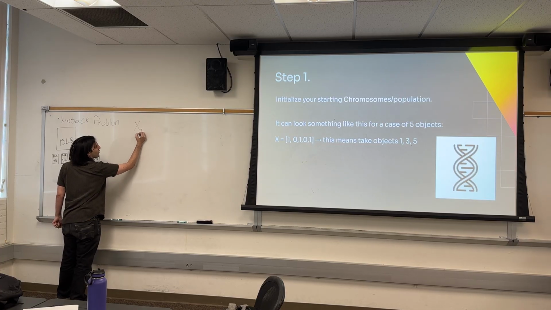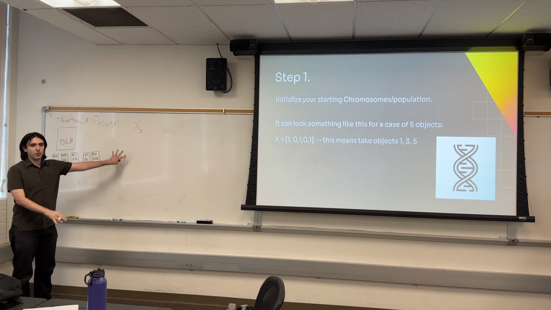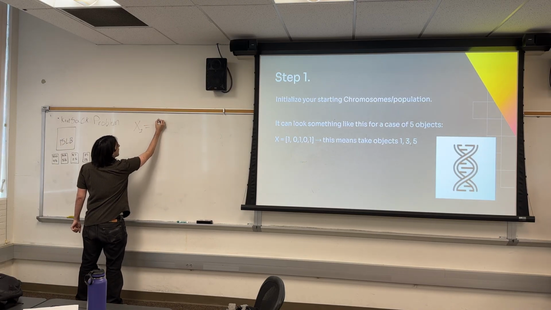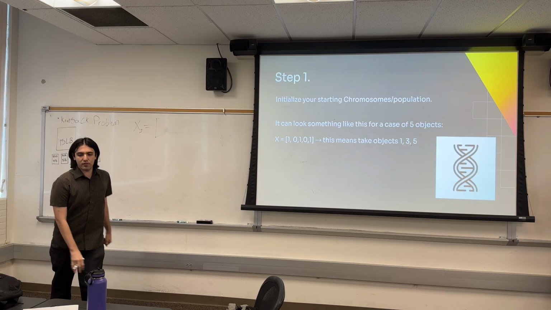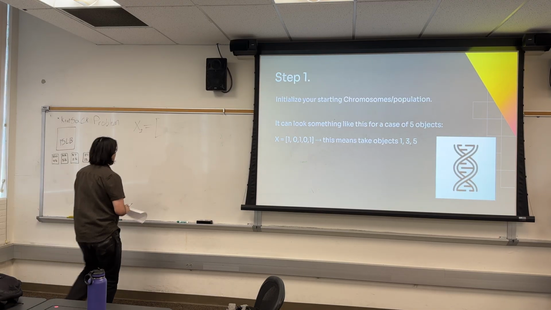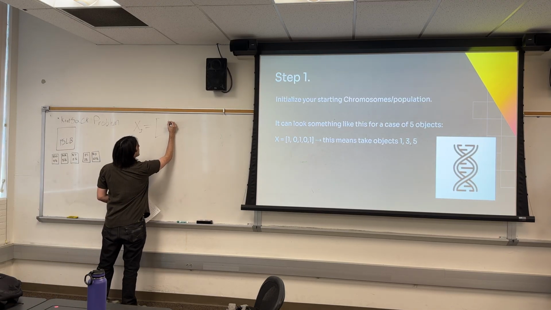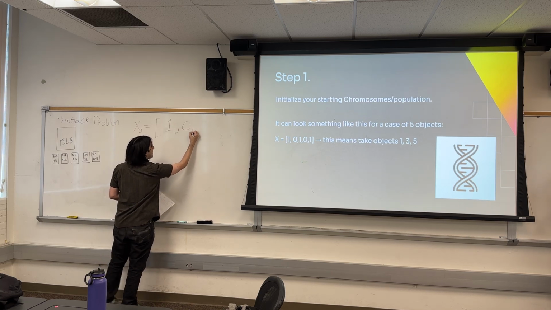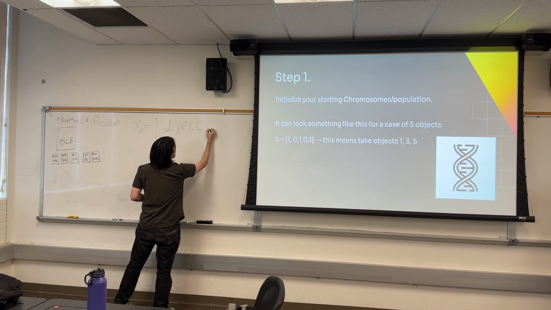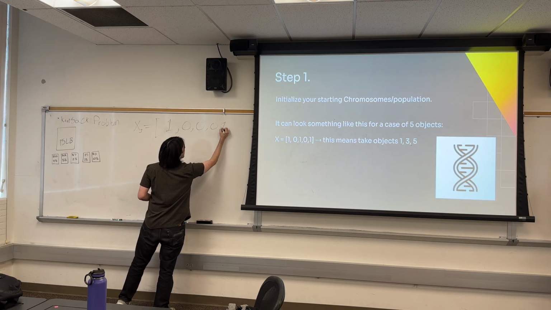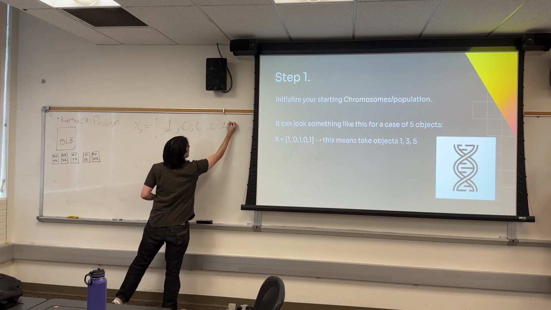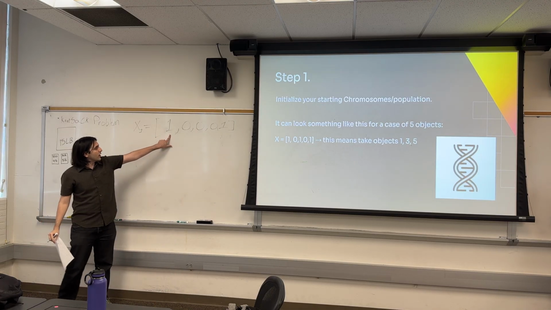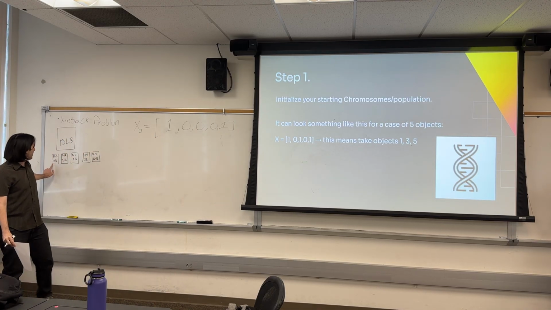Okay, so we're defining our initial population. I'm just using a random population here. So we're doing a binary encoding. We're doing the 0-1 knapsack problem. So this is an example of a chromosome. 1 means that we took the first item here.